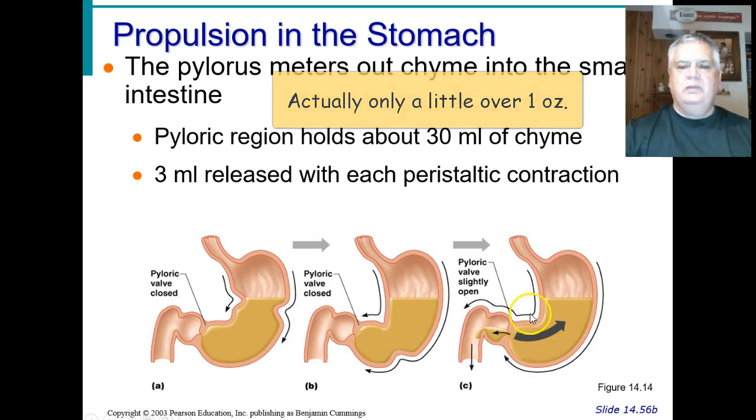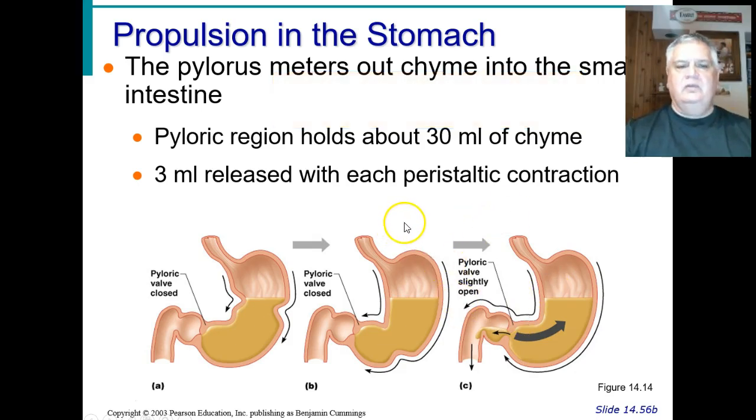As the rippling peristalsis occurs, it causes the pyloric valve to open up very quickly and close very quickly. That only allows about 3 milliliters of the chyme to be released into the small intestine with each peristaltic contraction. This means that the chyme is going to enter slowly into the small intestine.